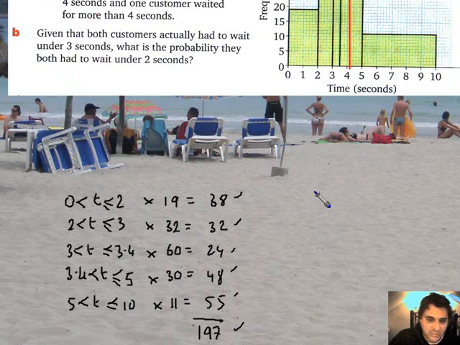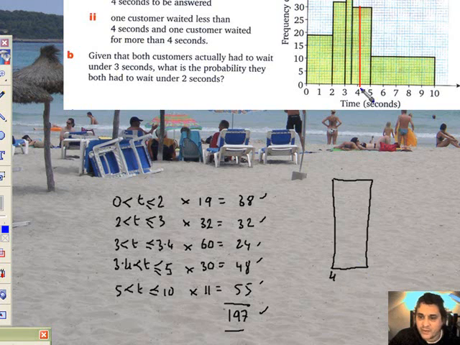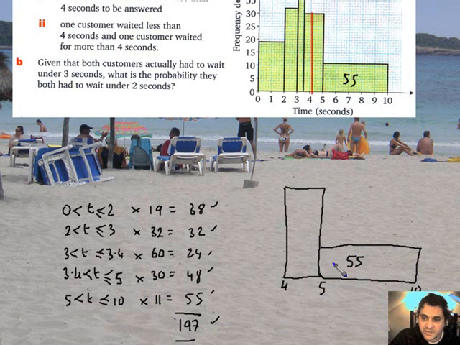If I enlarge that by drawing a little picture, I've got the little bar here, which starts at 4 and then goes to 5. Then I've got the wider bar that goes as far as 10 seconds. I know straight away that I've got 55 people in this last section. That's 55 people, which represents that last part of the histogram.